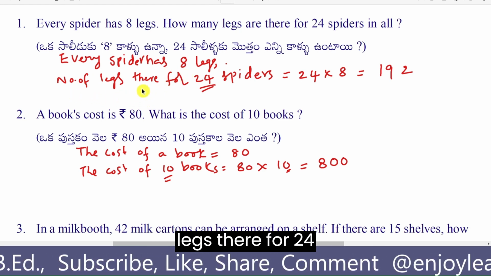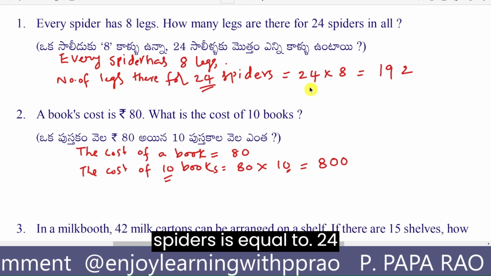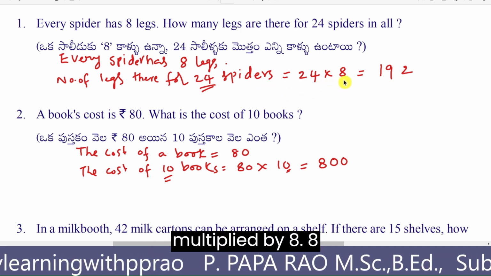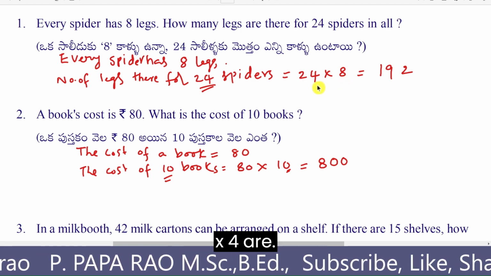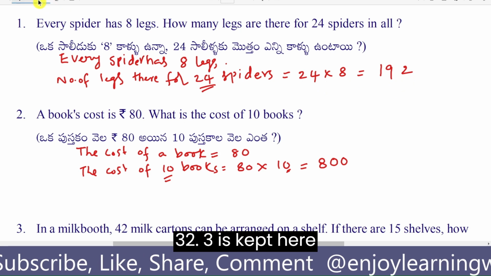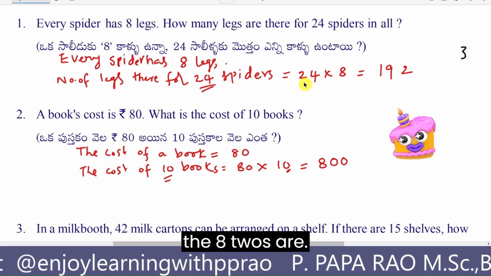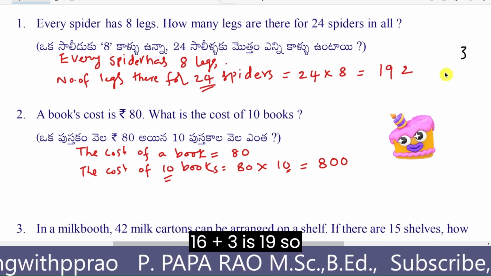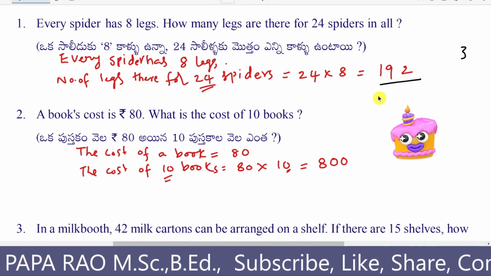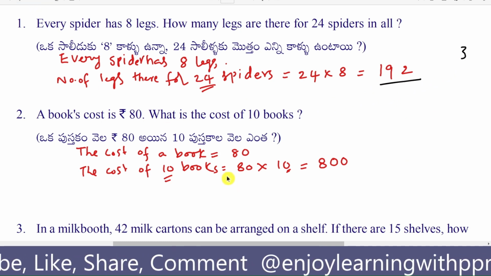Number of legs for 24 spiders is equal to 24 into 8. So 8 fours are 32. 8 2s are 16 plus 3 is 19. So 192 is the answer.